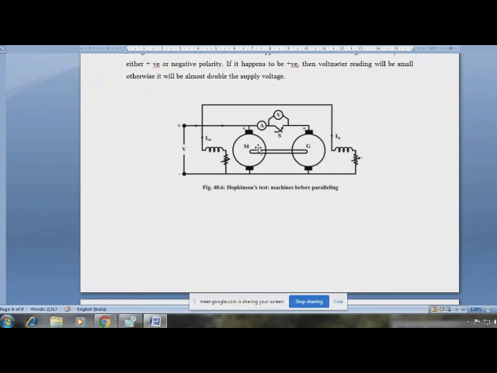One is acting as a generator, other one acting as a motor, and one machine becomes output for the other, and vice versa. The motor becomes an output for generator, and generator becomes output for the motor. So in this way, a loading condition is actually practically simulated here, and that is the beauty of this method.